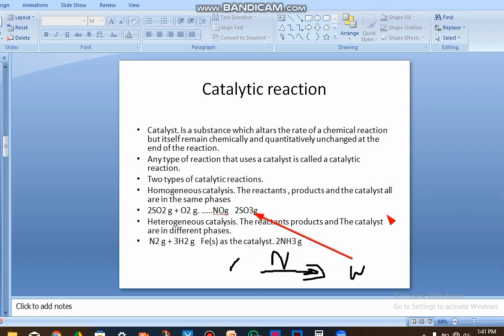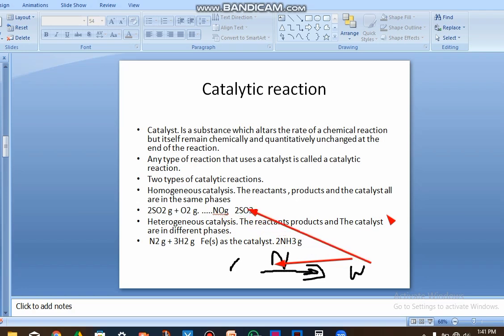Look at this one, it is a gas. They will signify it. So for example, look at these, they are the reactants. This one is a gas, this one too is a gas, and this one is the catalyst. I didn't draw it very well, but it is on top of the arrow, so take note.